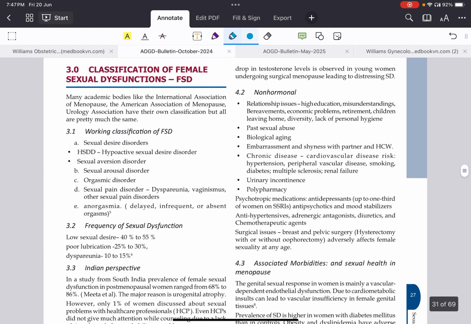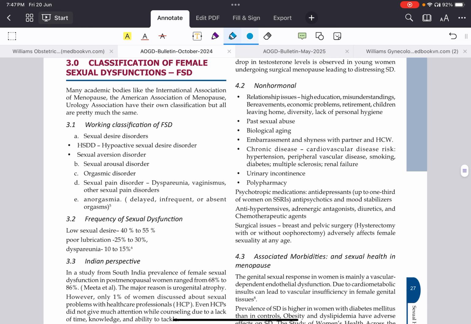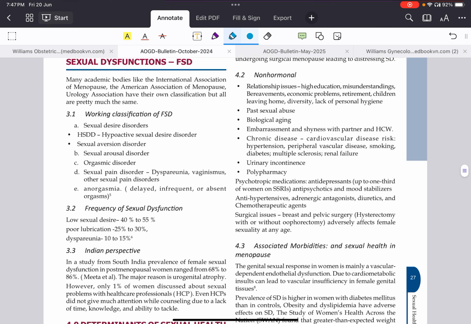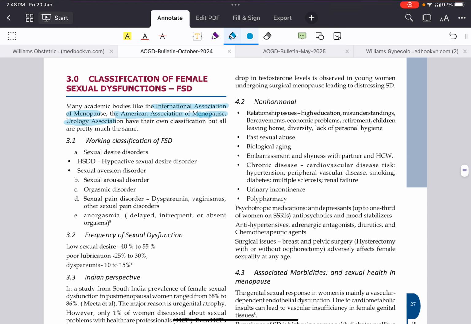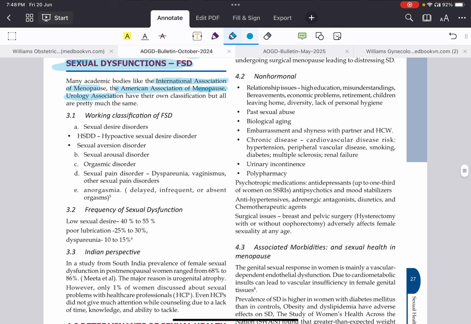Female sexual dysfunction has a classification. This classification was given by the American and International Associations of Menopause and the American Urology Association, and all follow it. First are sexual desire disorders: hypoactive sexual desire disorder and sexual aversion disorder.